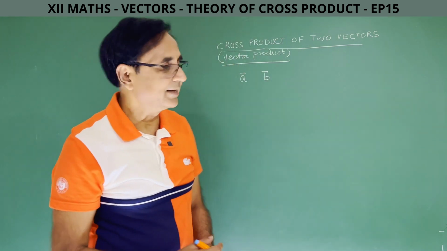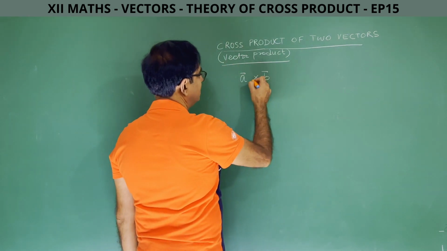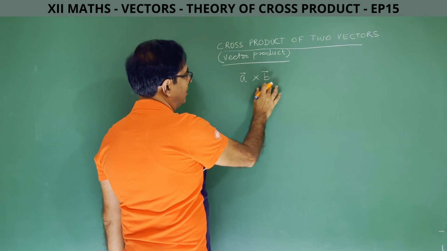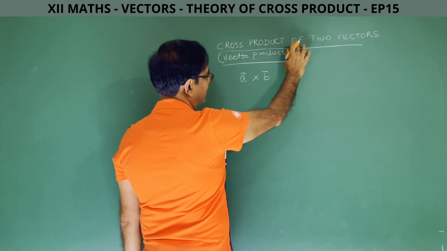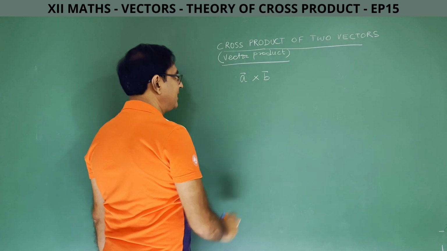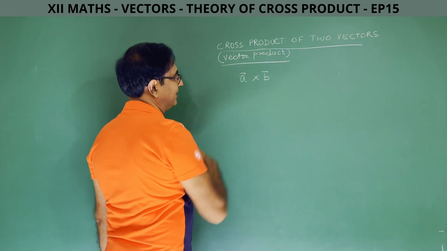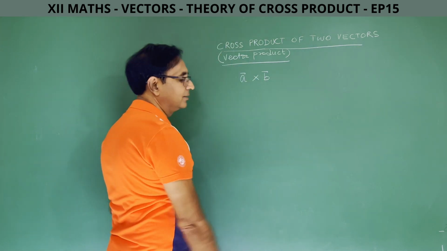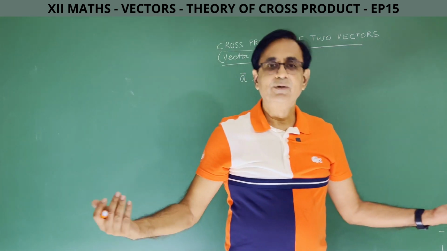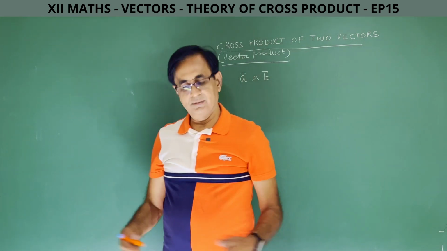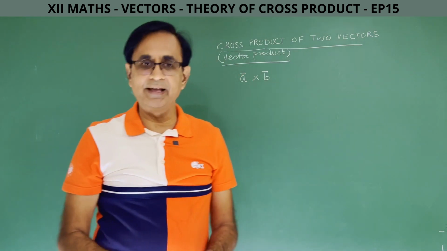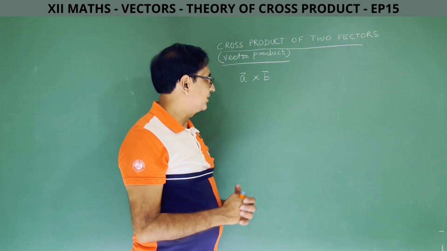We have already covered that. Here we are going to put a cross. So when I put a cross, it is called cross product of two vectors. And since my answer is a vector, you may also like to call it vector product of two vectors. Both mean the same thing, so you can call it by any name, cross product or vector product.